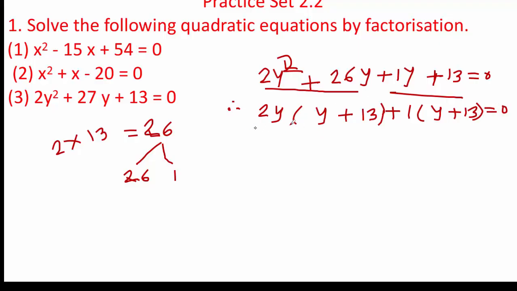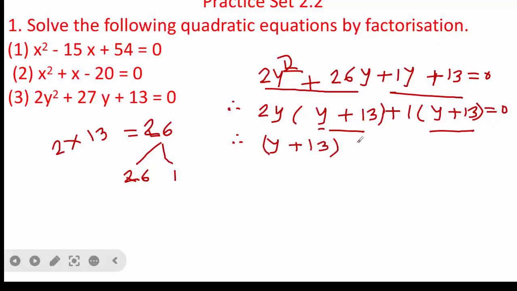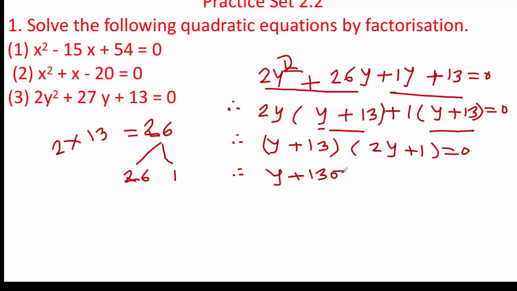Now, the factor y plus 13 is common to both the terms, therefore I shall write in first bracket y plus 13, and second bracket is 2y plus 1. Now, first bracket is 0 or second bracket is 0.